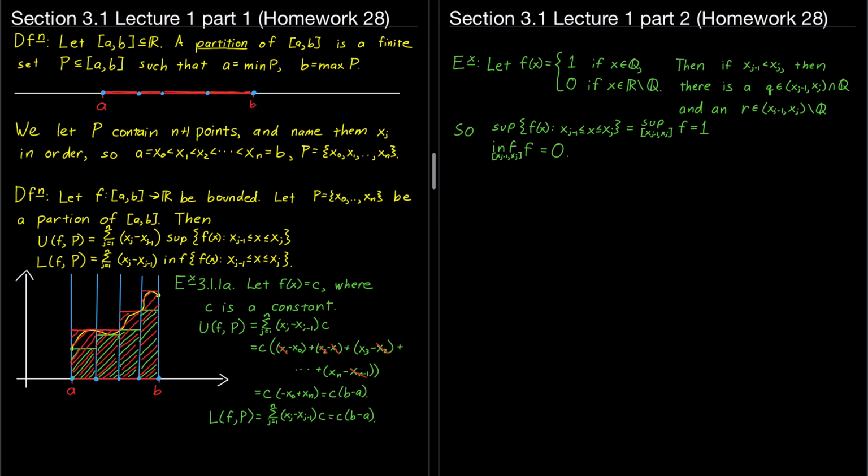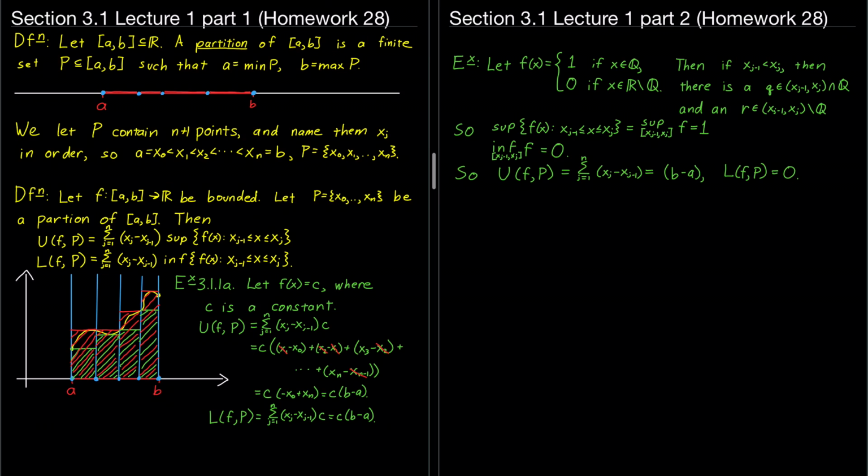So that's 0. So in this case, the upper Riemann sum of f over any partition is just the length of our interval, and the lower Riemann sum is just 0.